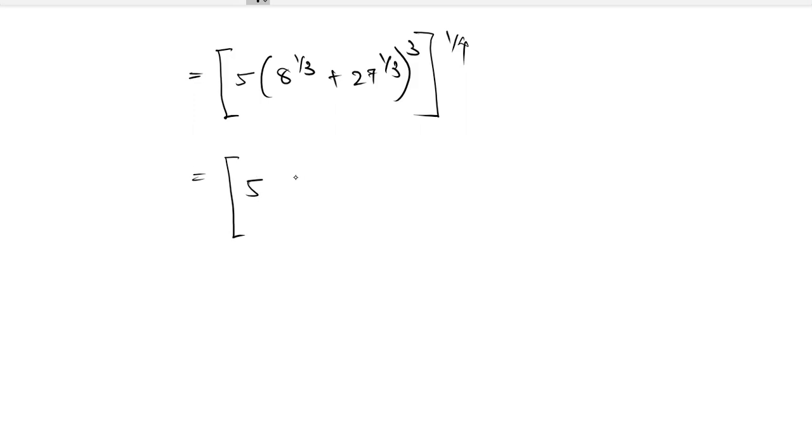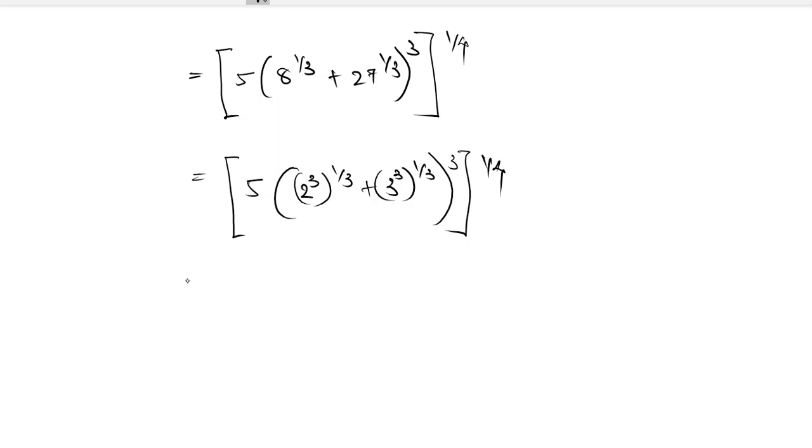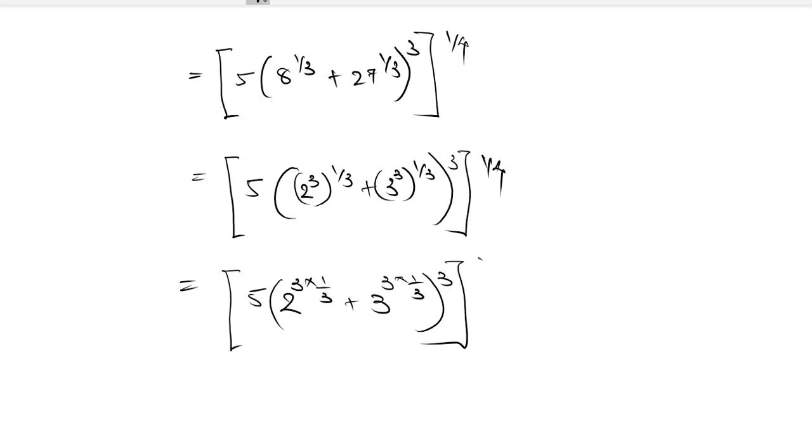So 5 bracket 2 cube, which is 8, raised to 1 by 3 plus 3 cube raised to 1 by 3, the whole cube, the whole raised to 1 by 4. So 5 bracket 2 raised to 3 into 1 by 3 plus 3 raised to 3 into 1 by 3, the whole raised to 3, the whole raised to 1 by 4.